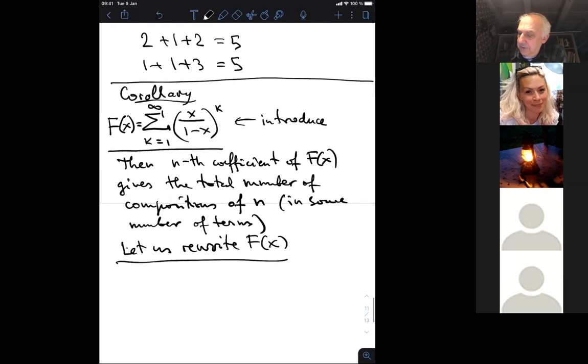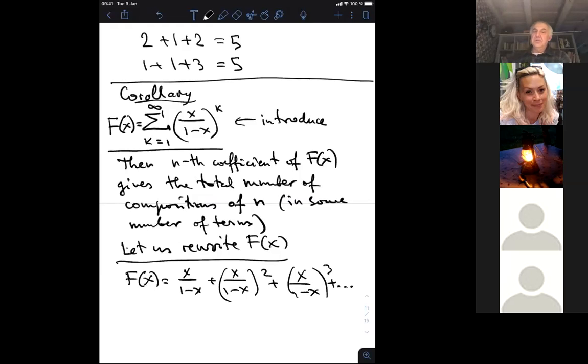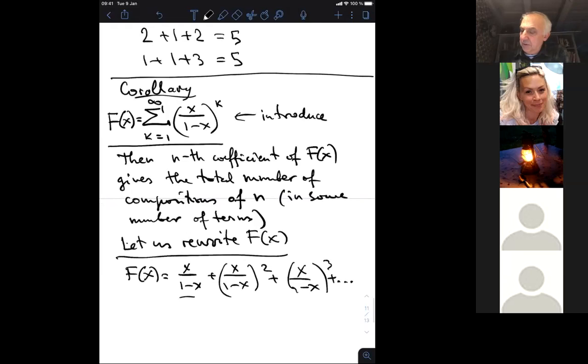So what do we have? f of x is actually, again, a geometric power series. It starts with x over 1 minus x plus x over 1 minus x squared plus x over 1 minus x cubed, and so on. So this is again a geometric power series which starts with this term, and the denominator of the power series is again the same number.